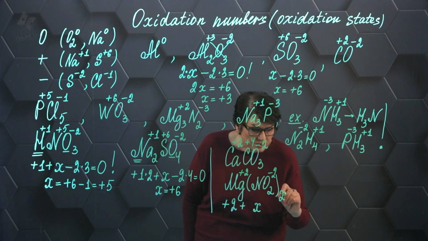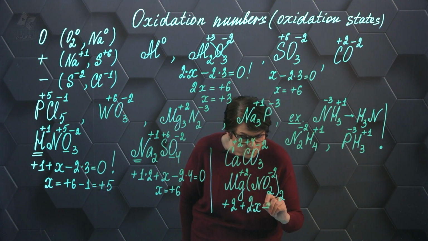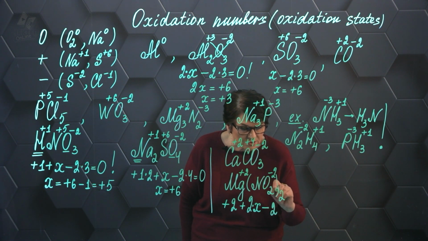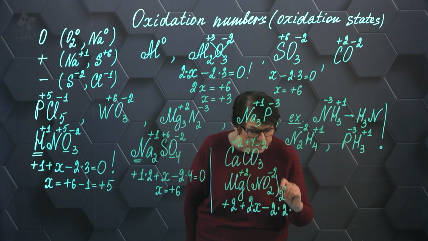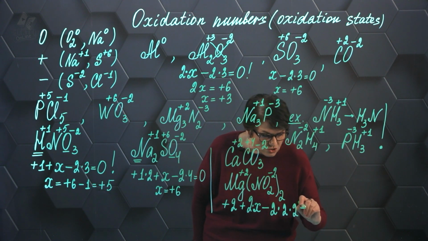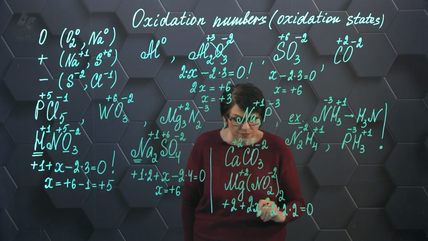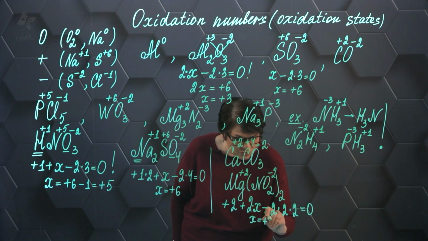But since there is a 2 behind the bracket, 2 multiplied by x, minus, and I strongly advise you, so you don't get confused, the index 2 behind the bracket times the index and the charge that oxygen has, the total is 0. So from there, x is going to be equal to +3.